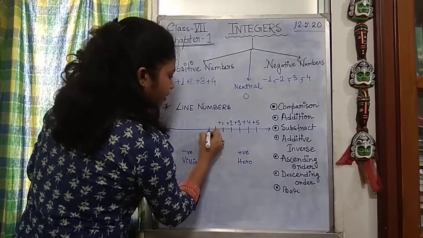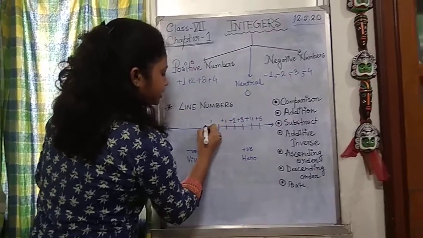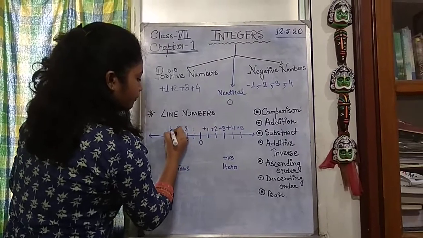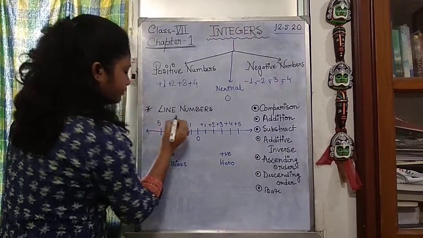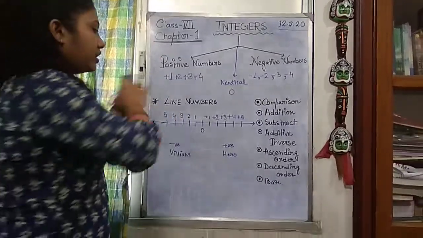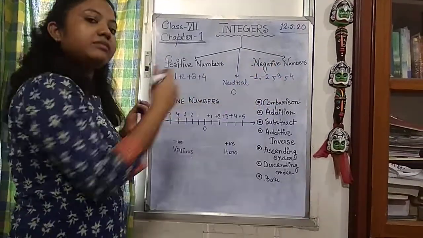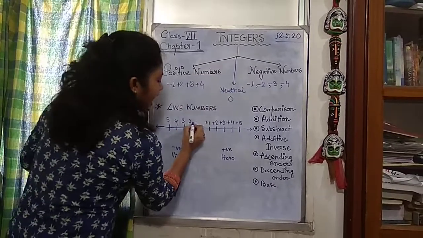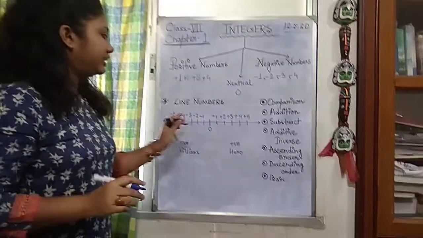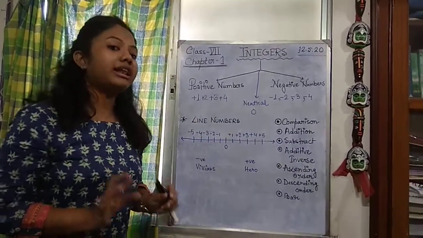In a similar way, we place -1, -2, -3, -4 and -5. We can place more numbers; the longer the number line becomes, the more numbers there will be, and they become the negative numbers. So this is how we plot a number line.